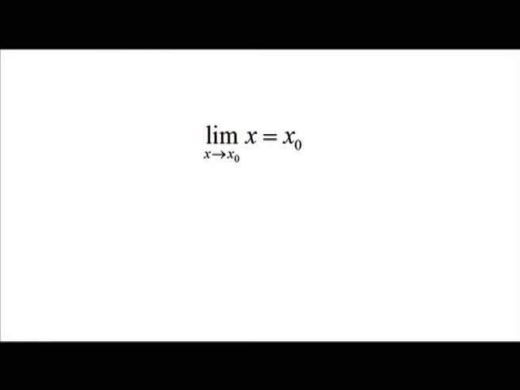From the limit of functions of one variable, we know that the limit as x approaches x0 of x is equal to x0, and if k is a constant, then the limit as x approaches x0 of k is equal to k. Now, we consider f(x,y) = x. Then f is a function of two variables, but the variable y is absent.